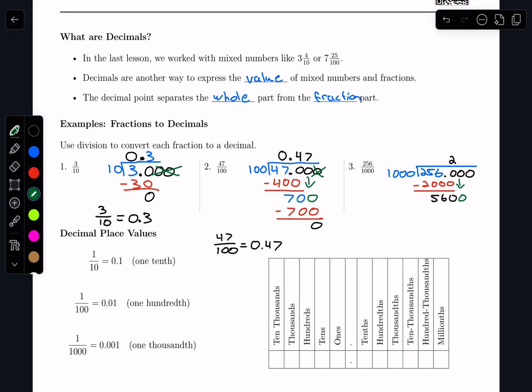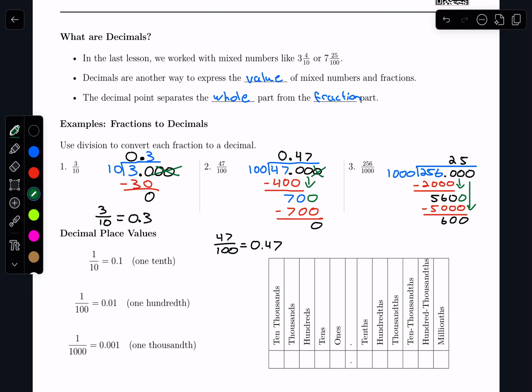So now we divide 5,600 by 1,000. 5 is how many times 1,000 goes into 5,600. So I multiply 5 times 1,000, which is 5,000. And we subtract down below to end up with 600 as our current remainder. But we can drop down another 0 and keep going.